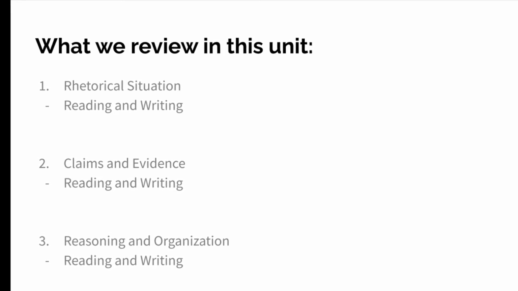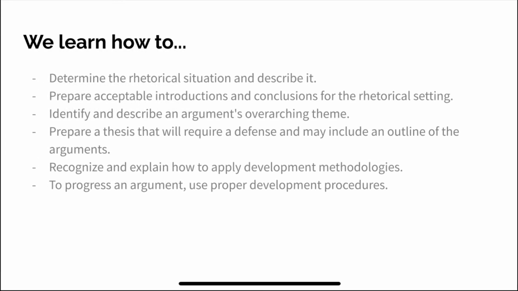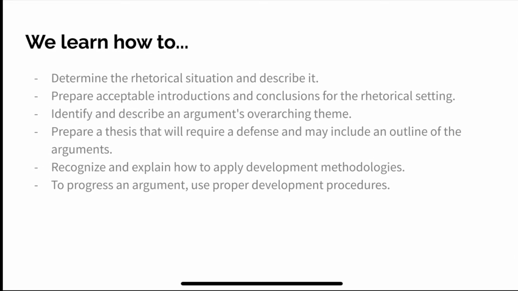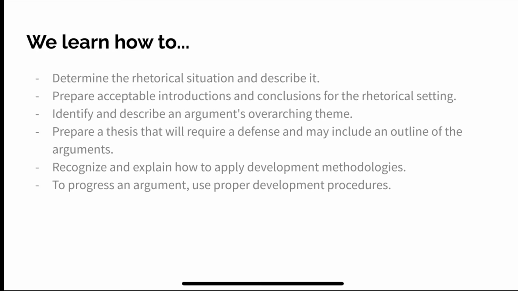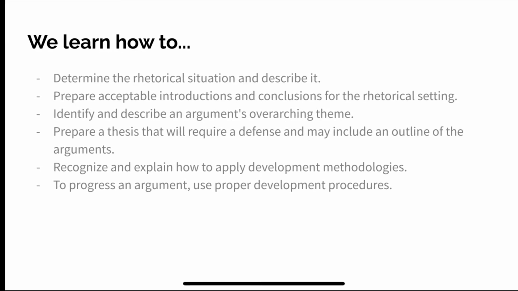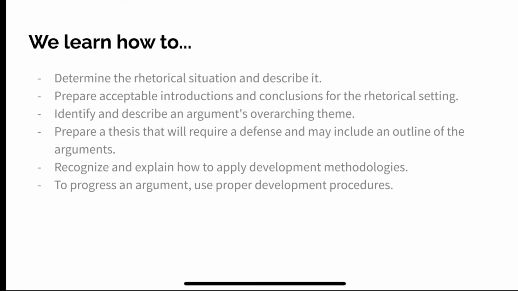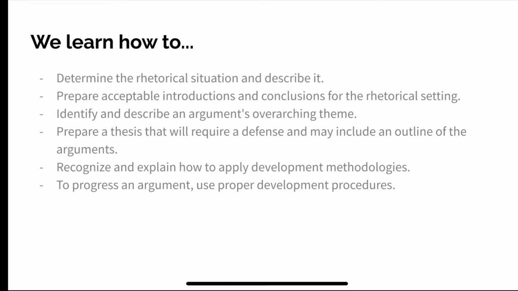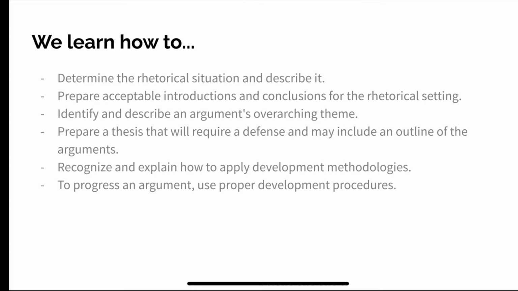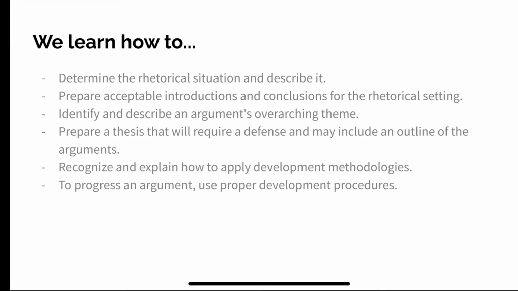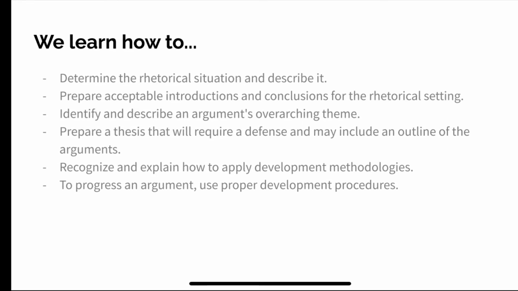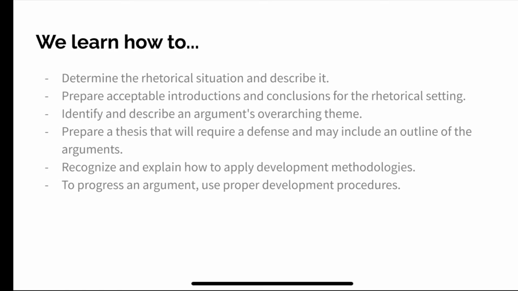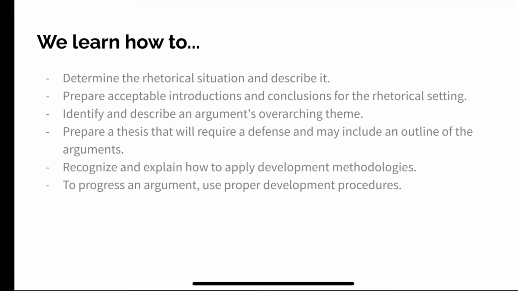From all of these, we learned how to determine the rhetorical situation and describe it, prepare acceptable introductions and conclusions for the rhetorical setting, identify and describe an argument's overarching theme, prepare a thesis that will require defense and may include an outline of the arguments, recognize and explain how to apply development methodologies, and to progress an argument, use proper development procedures.